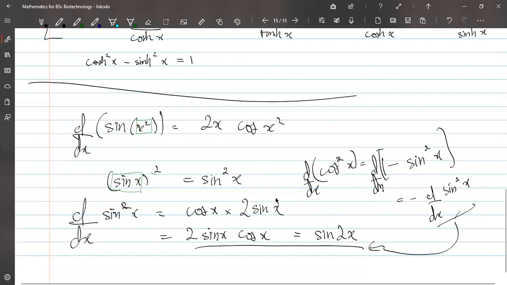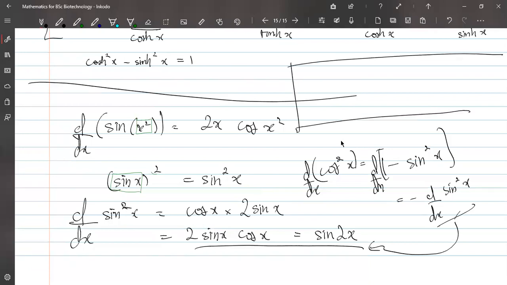Now you can of course do it in a slightly different way. For sine of x square, we use chain rule, but you could also use product rule, because y square is y times y, right? So in general, not just for sine x square, if you have the derivative of, let's say, u square, this is actually a special case of the uv rule, because it's the derivative of u multiplied with u itself, right?